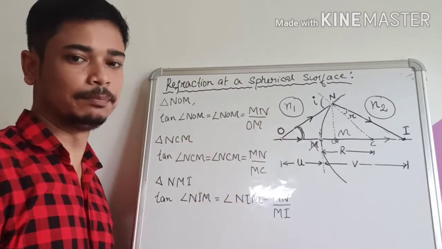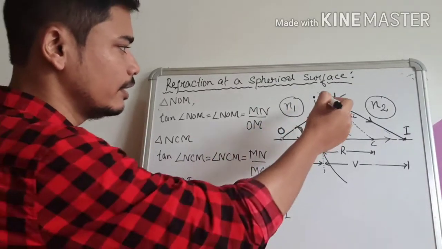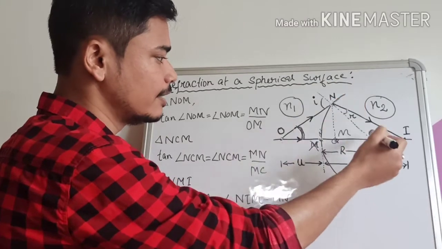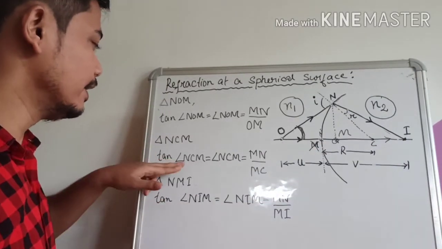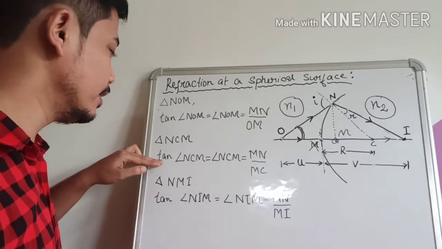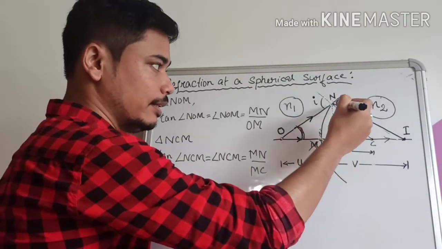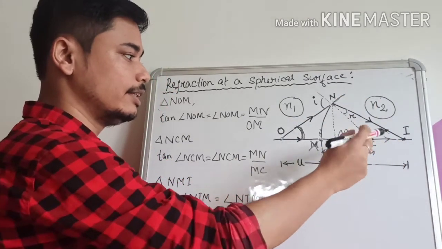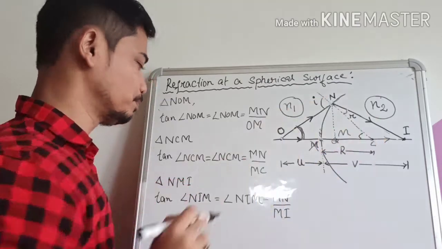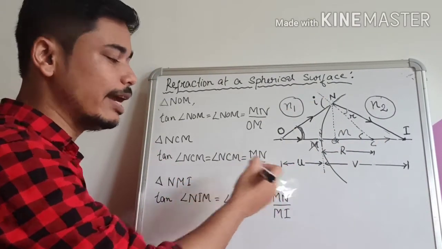Similarly, for the triangle NCM, if we consider tan of angle NCM, then that will be equal to MN divided by MC.